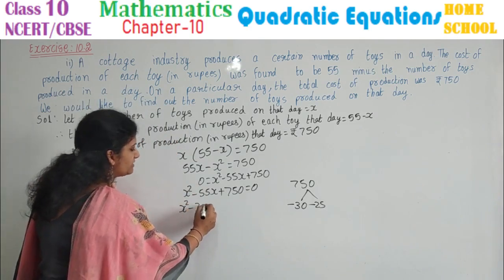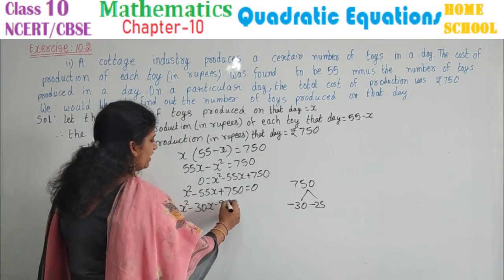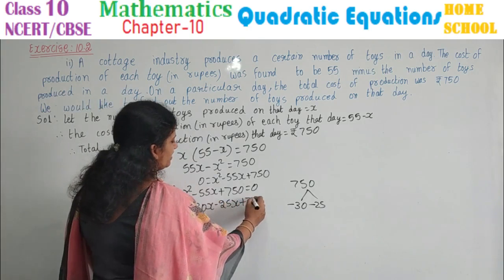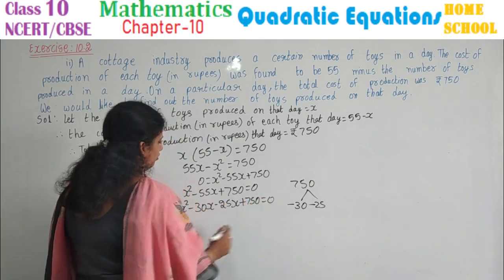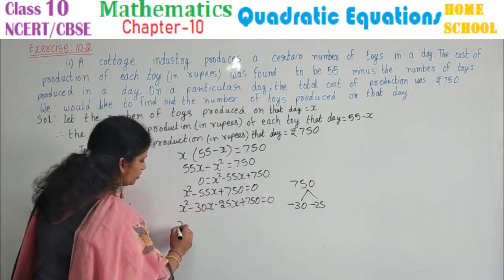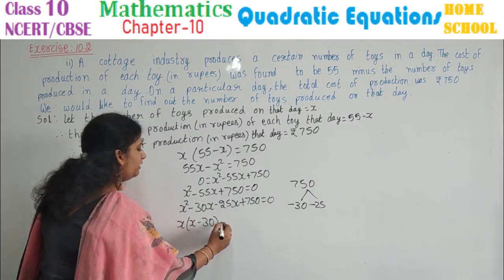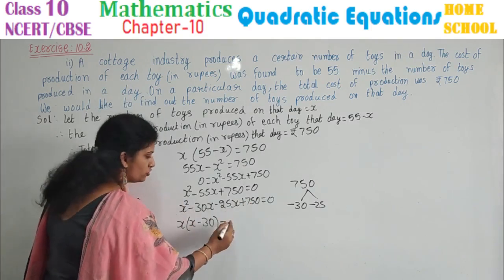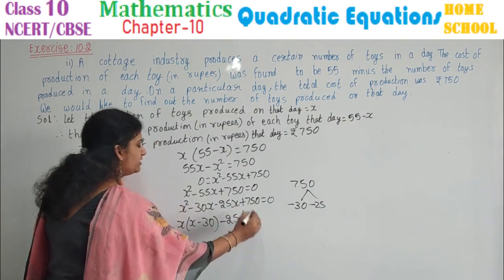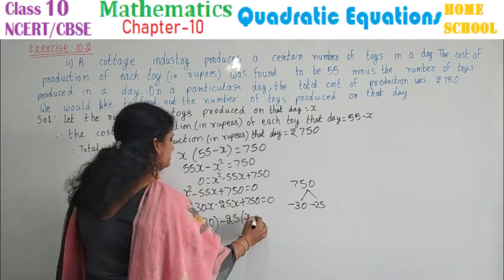x square minus 30x minus 25x plus 750 equal to 0. What is common in these two? x is common. Take out x into x minus 30. In these two, 25 is common. Take out common x minus 30.